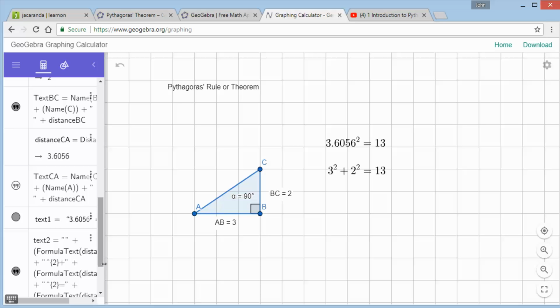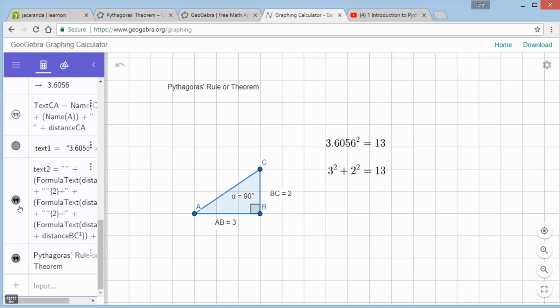Okay, so let's just go through that one more time. So I'll just hide the numbers because I don't want you to see it. Let's extend our right angle triangle right out. So let's say it's 6 and 3. You have a go now, you work out, what do you think the length of the side AC is?